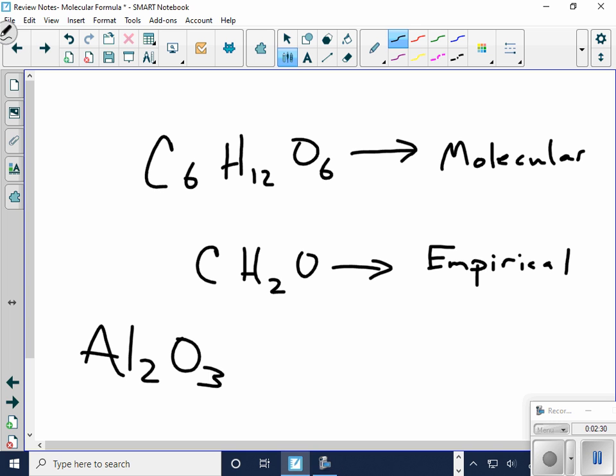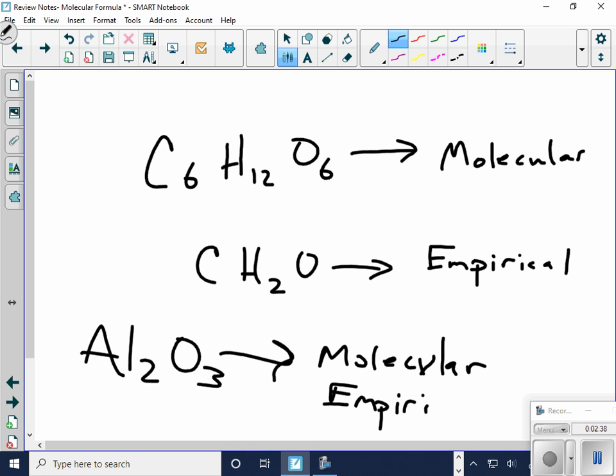So this is both molecular and empirical. Okay. So if I cannot reduce it down any further, it will be both molecular and empirical. If I can reduce it down, it's molecular. Okay. And that reduced down form is the empirical formula.